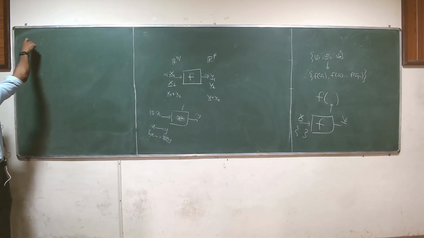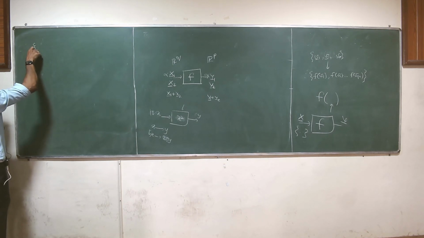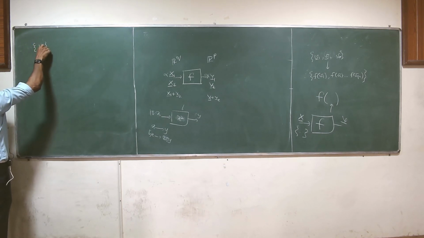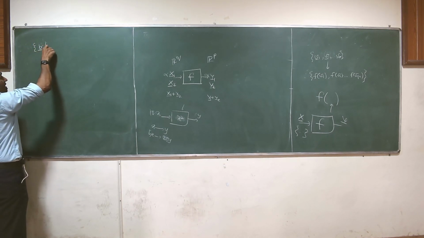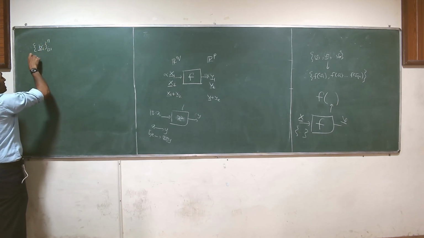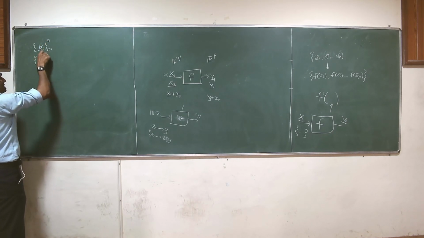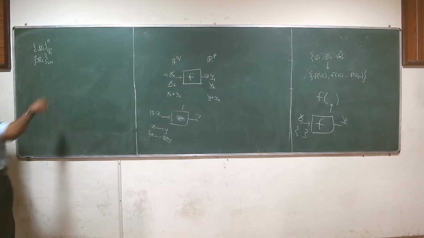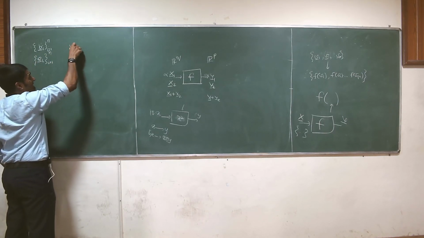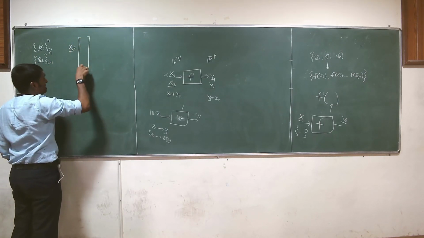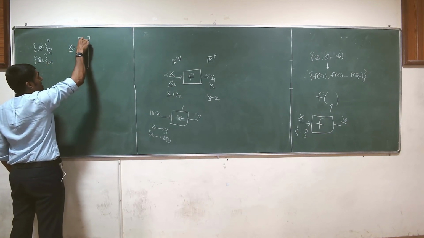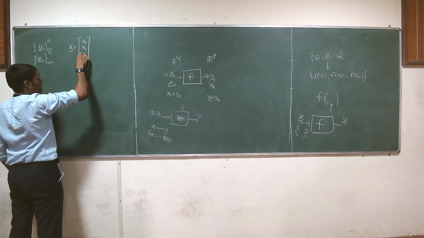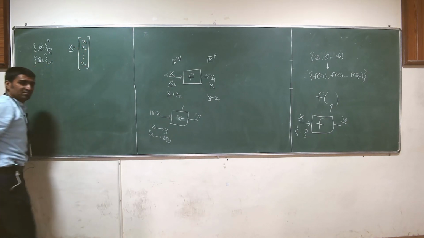The question is, you have a basis bi for Rn, i goes from 1 to n, and then you have the standard basis for Rn again. Let's say we have a vector x, and the representation of this vector in the standard basis is x1, x2, ..., xn.